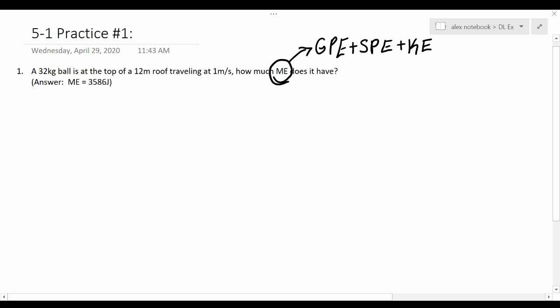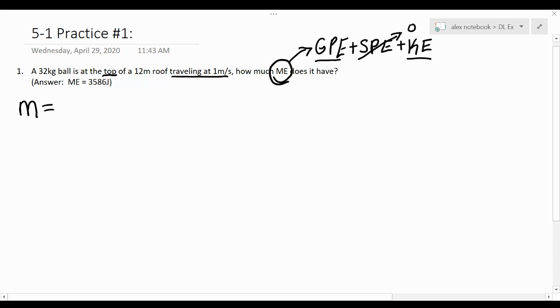Looking at what we have here, we have a ball at the top of a roof and it's traveling at a certain speed. This means it has gravitational potential and kinetic energy. There's no spring potential energy in this problem because there's just no spring. So therefore, the spring potential energy is zero.